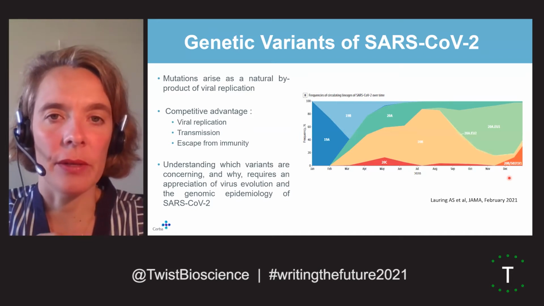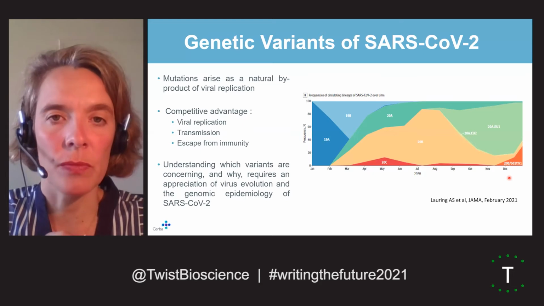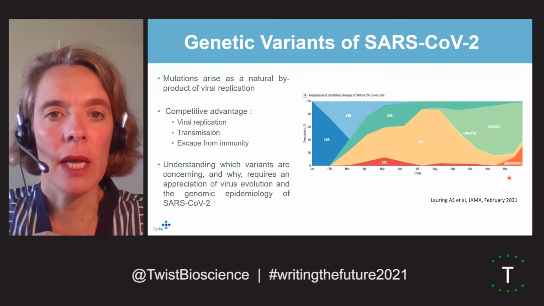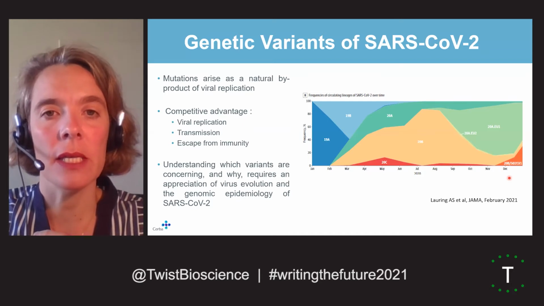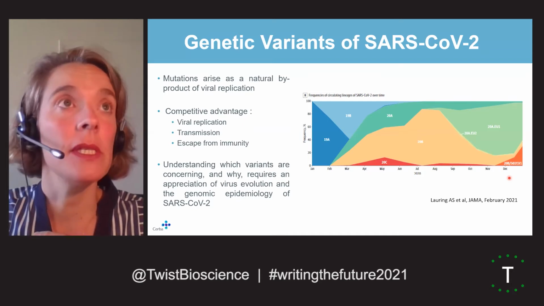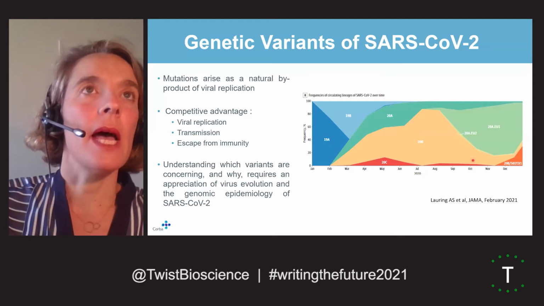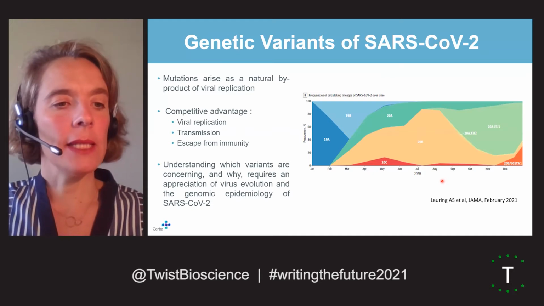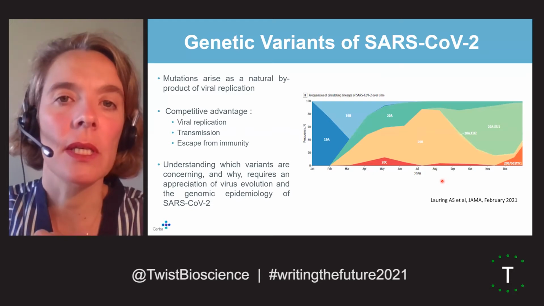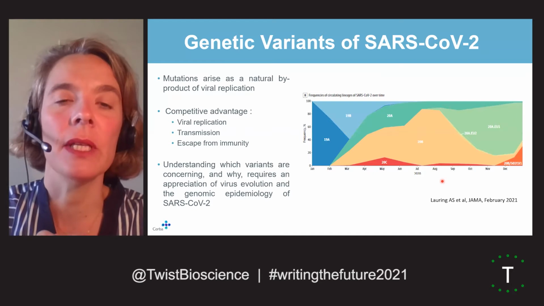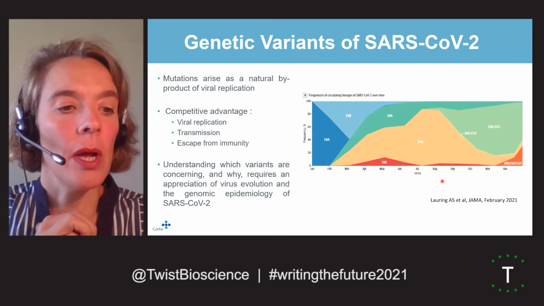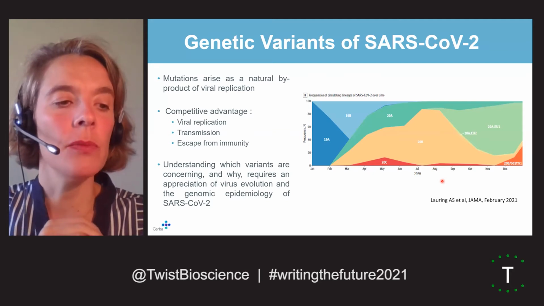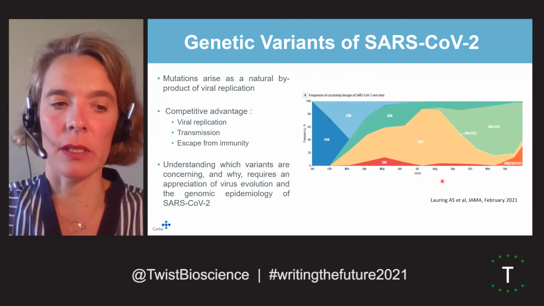First, what is a variant? A variant is a SARS-CoV-2 genome which differs from the reference virus, the Wuhan virus, in its nucleic acid sequence. These differences, called mutations, arise as a natural phenomenon during replication. If a mutation confers a competitive advantage with respect to viral replication, transmission, and escape from immunity, this mutation will increase in frequency.